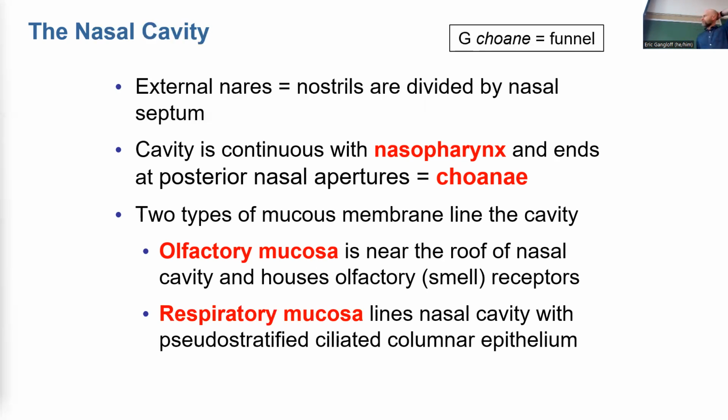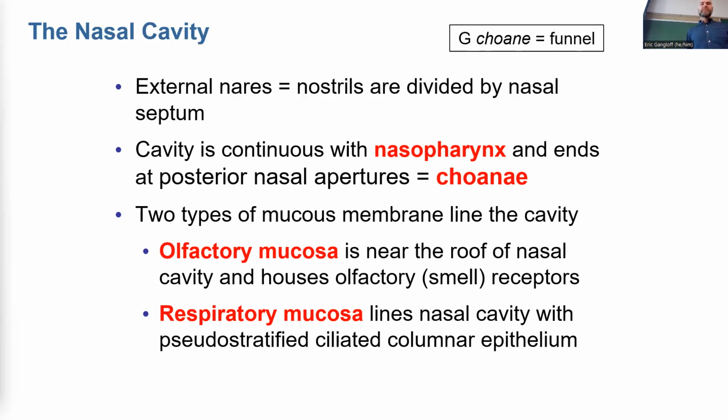If you go way, way back in the class to one of the first things we did, we talked about histology, and we talked about pseudostratified epithelial cells. Remember, often these are ciliated, and that's exactly what it is here. The cilia allow the mucus and associated particles accumulated by the mucus to be moved around in the nasal passageway.